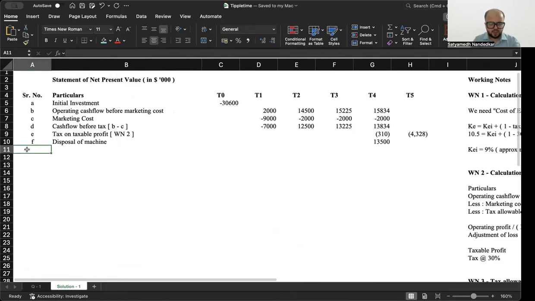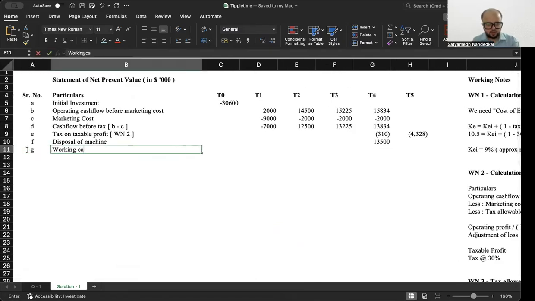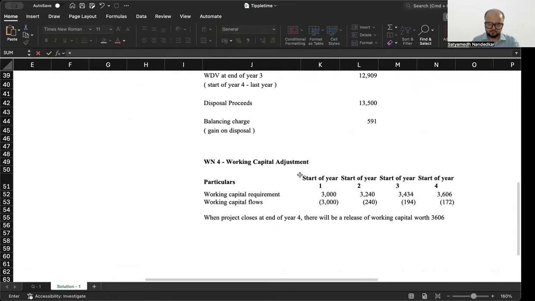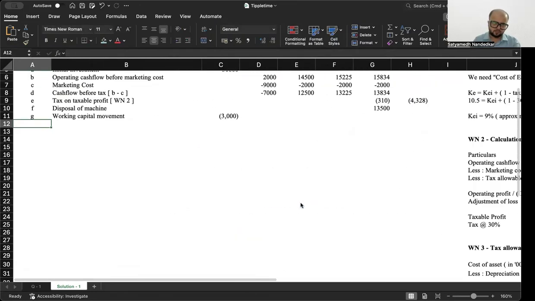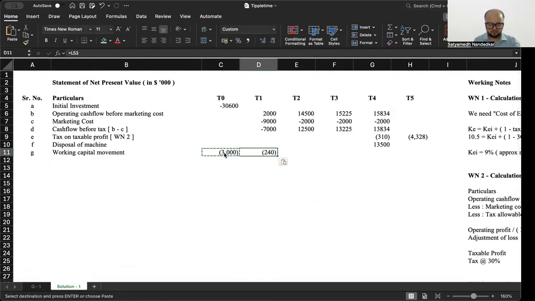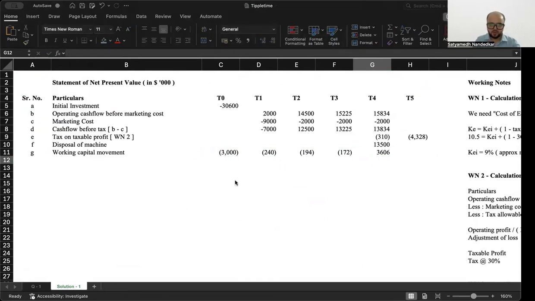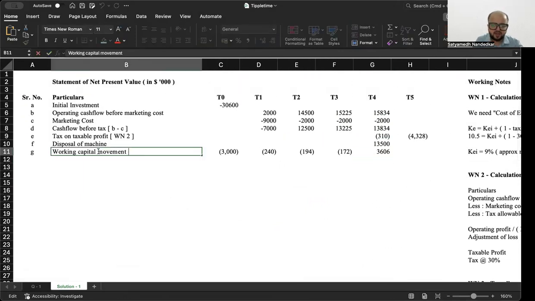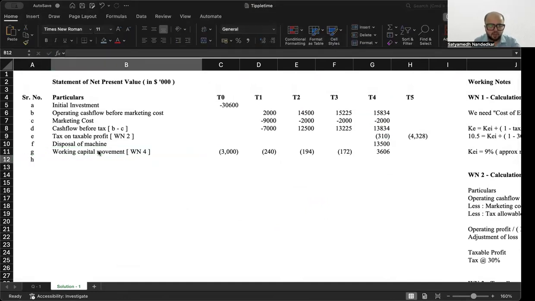After disposal of the machine, I'm writing down my working capital movement. And it gets released at the end of the 4th year. Working capital requirement has also been handled in working note 4, so just give that reference here, working note 4, and now you give the total cash flows.